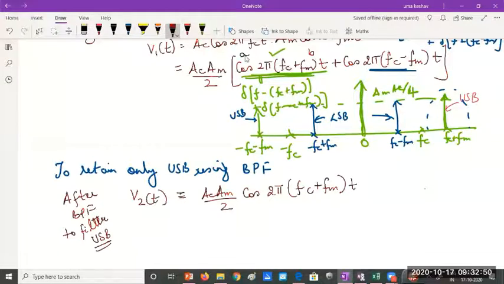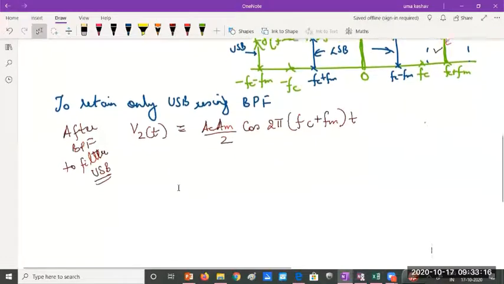This is the upper sideband. Among the two cosines, the carrier plus message component is always the upper sideband. The component which is above the carrier frequency will be USB. The component below the carrier frequency, Fc minus Fm, will be LSB. So you get this signal after filtering, let me assume.